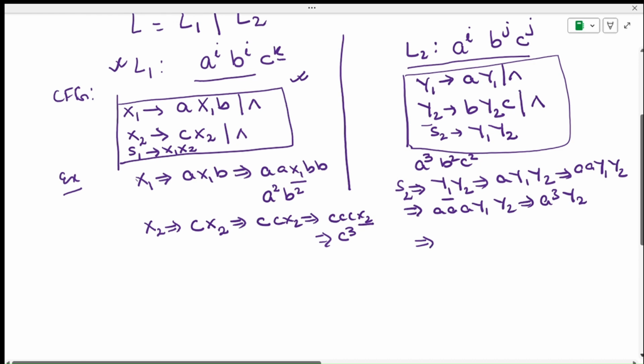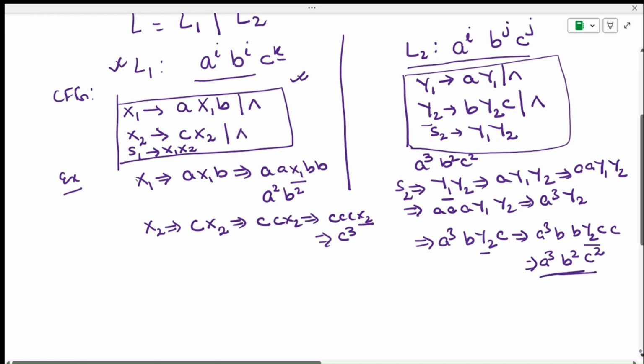So a^3 followed by b y2 c. Again, one more time, this y2 will be replaced by b y2 c, so we have got 2 b's and 2 c's. So I will finally replace this y2 with null. So I'll get 3 a's followed by 2 b's and then followed by 2 c's.